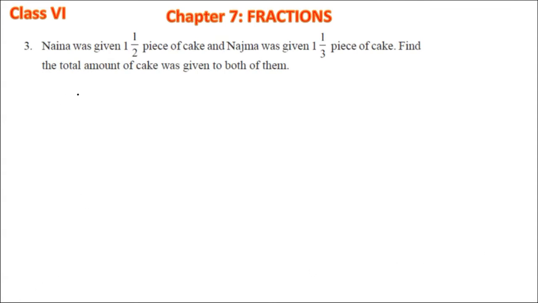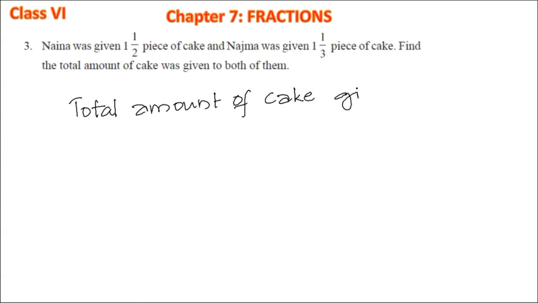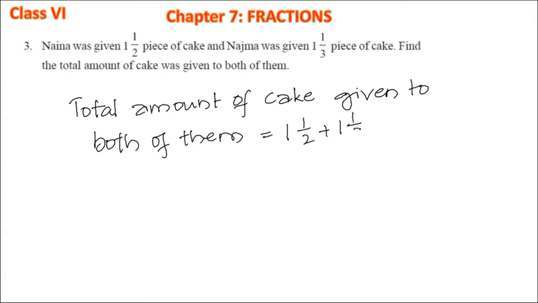Question number 3. Naina was given 1 by 2 piece of cake. Najma was given 1 by 3 piece of cake. Find the total cake given to both of them. Total amount of cake given to both of them is the sum of 1 by 2 plus 1 by 3.